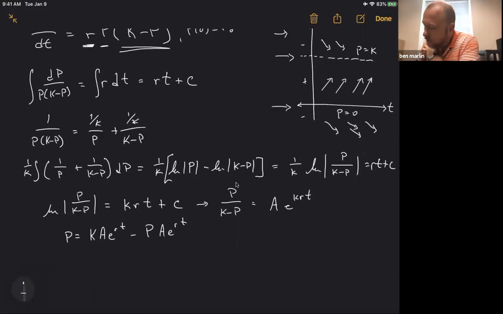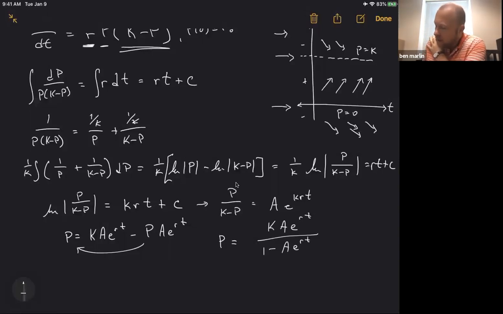And then you can add stuff to both sides and divide out and have that your P needs to be equal to K A e to the rt divided by 1 minus A e to the rt. And if you would like on that, then you can do some further simplification there.